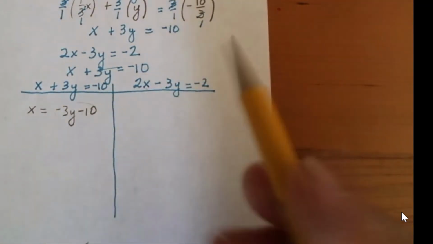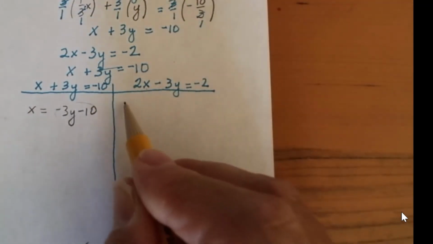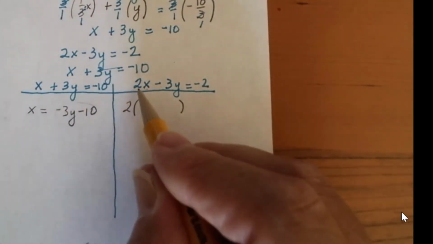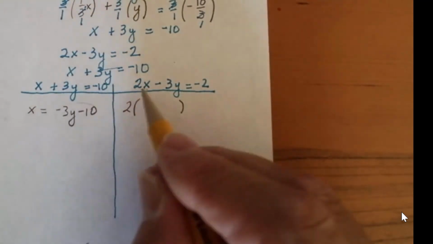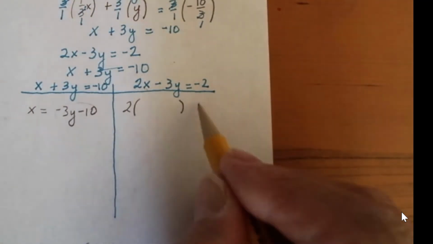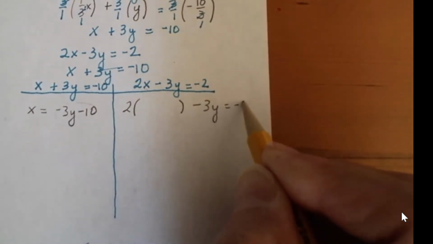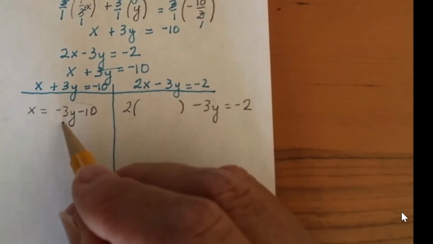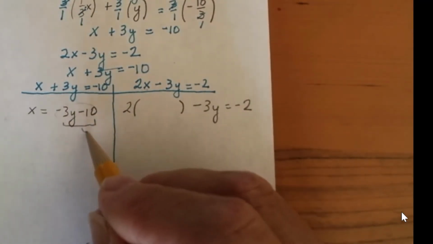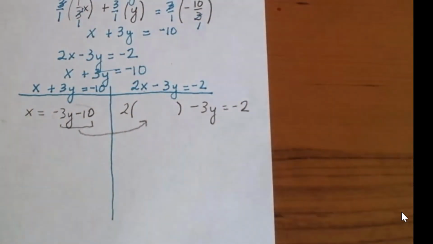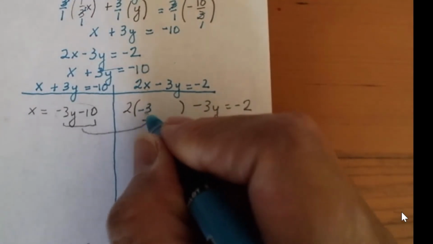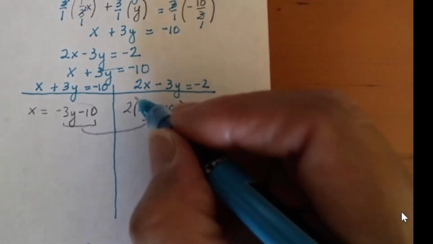So rewrite this first equation and put a parenthesis where the x is, just a placeholder. Then I'm going to replace my x with negative 3y minus 10. That's what goes in this parentheses.